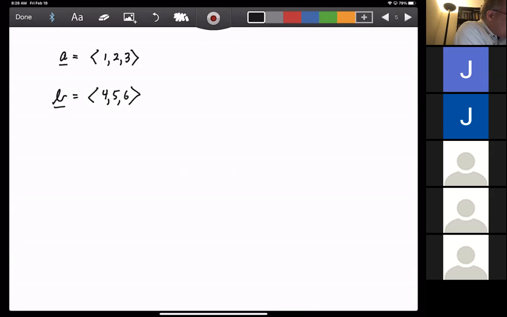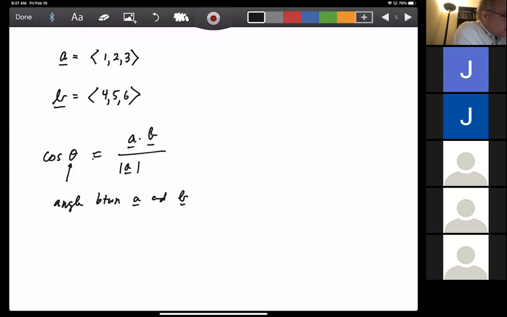If I want the cosine of the angle, it's going to be A dotted with B divided by the product of the lengths of the vectors. So A dotted with B will have 1 times 4 plus 2 times 5 plus 3 times 6.